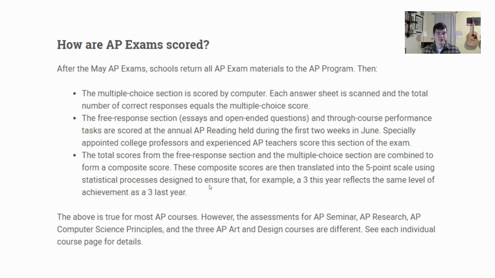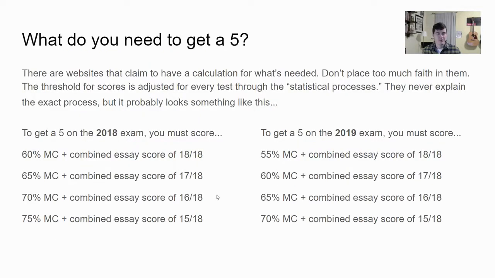So, but the problem is the test is different. It has different essay prompts. It has different multiple choice questions. So therefore, they have to shift that composite score. So by composite score, what they mean approximately, I think, is, imagine you got 60% right on multiple choice, and you got 6 out of 6 on all 3 essays.